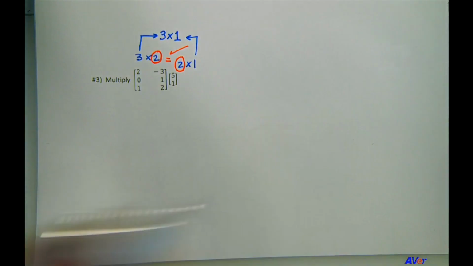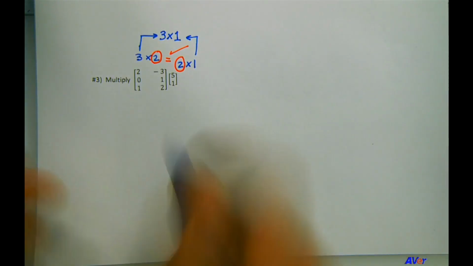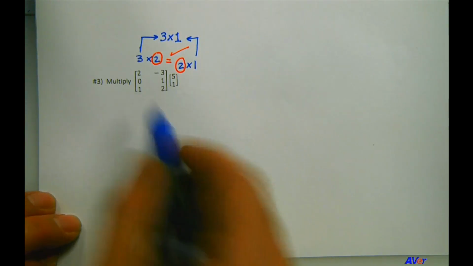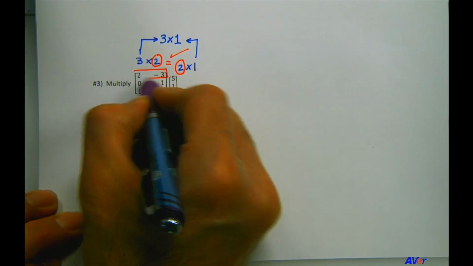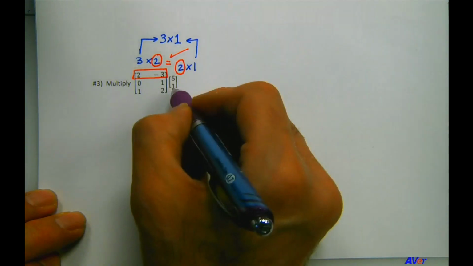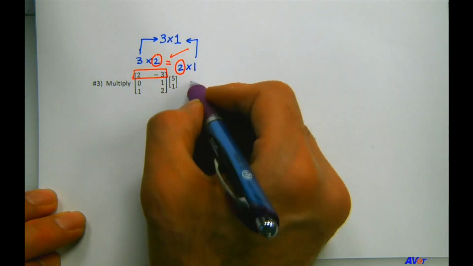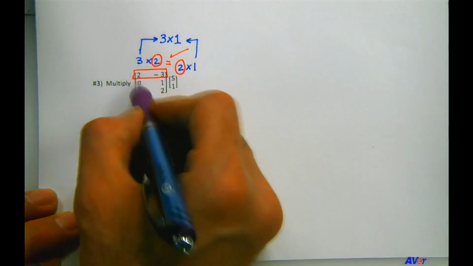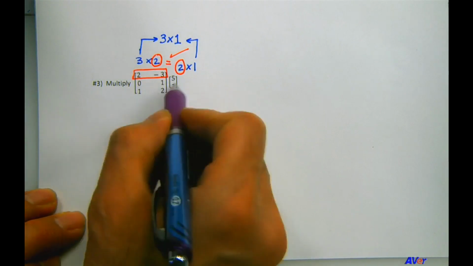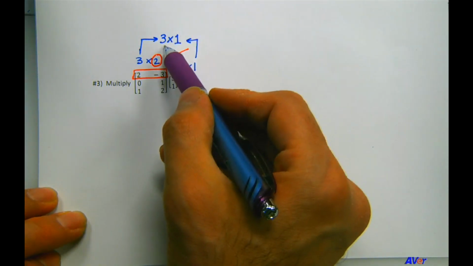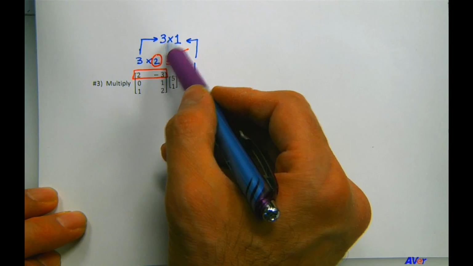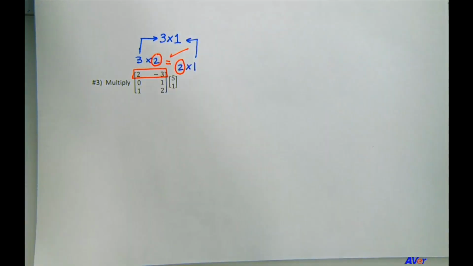Okay, so let's perform the product. Just as before, we take the first row, multiply by the column, and add the numbers. Because there's no other column after that, then we move to the second row and repeat. And then we move to the third row and repeat, and we end up with that anticipated matrix which has size 3 by 1. Okay, let's do that.